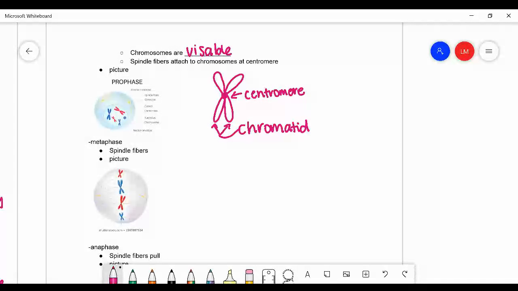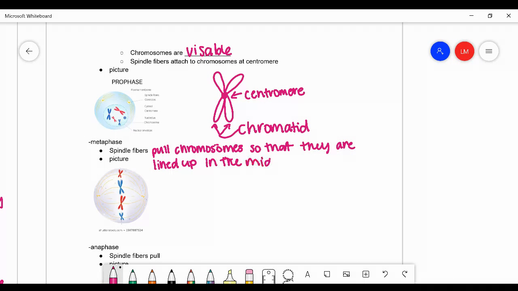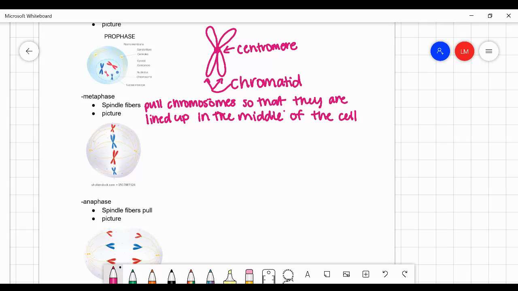Next comes metaphase. During metaphase, the spindle fibers pull chromosomes so that they are lined up in the middle of the cell, which you can see very clearly here.